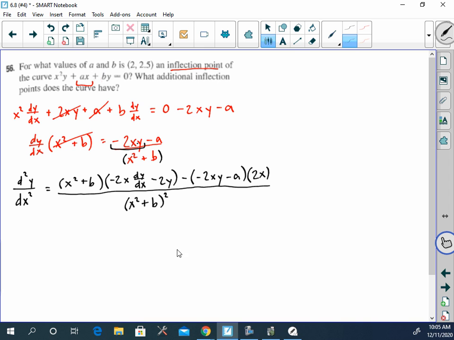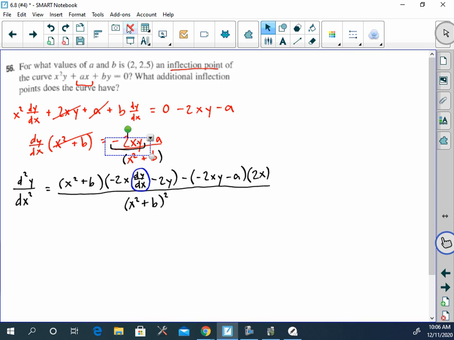I don't like this dy dx sitting in here. Does anyone have an idea of what I could do with that? Might not be a very fun idea for some of you, or for any of you, let's be honest.